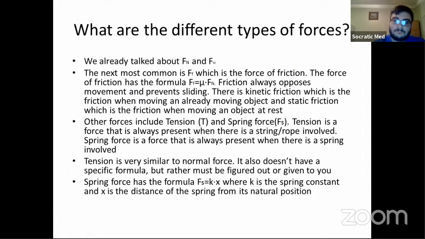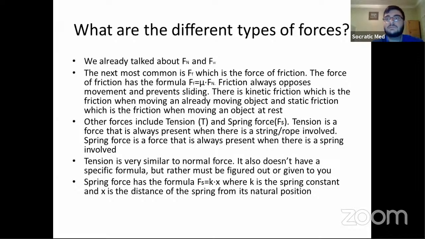Okay. All right. So I was talking about tension and spring force. Like I mentioned, tension is somewhat similar to the normal force. It also doesn't really have a specific formula. There are formulas that you can find online, but usually tension, especially how they give it to you on the MCAT, is more a force that you have to figure out based on opposing factors, right?